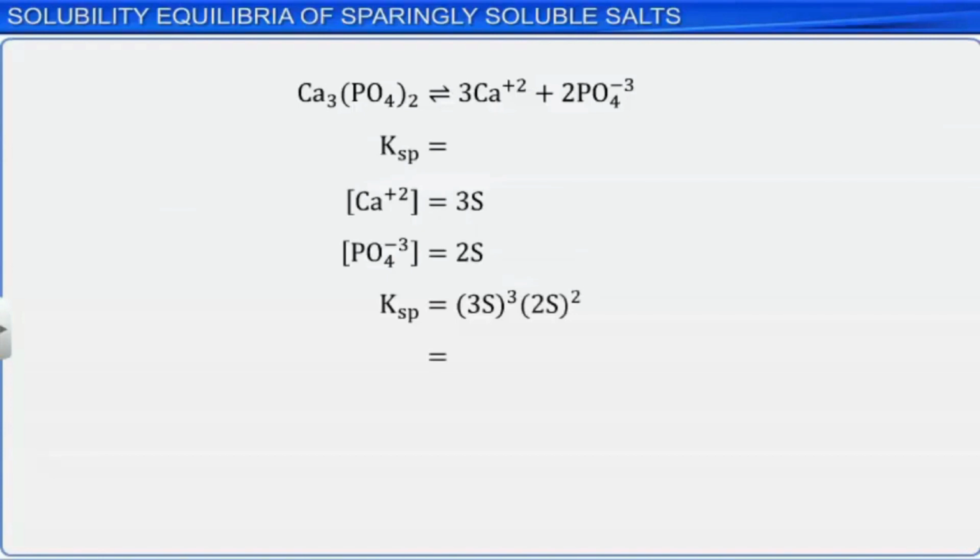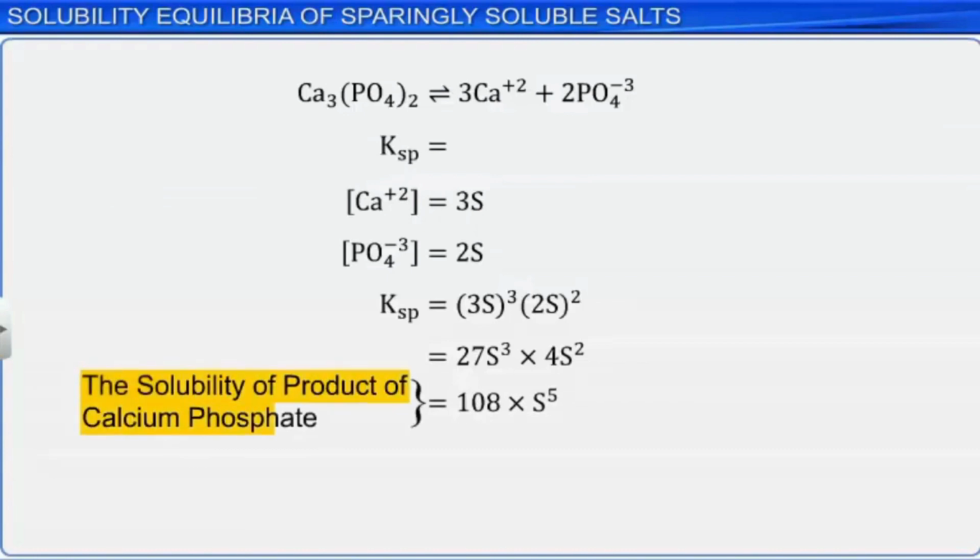This is equal to 27S cube multiplied by 4S square. The product of this is equal to 108 multiplied by S raised to the power of 5. Thus, the solubility product of calcium phosphate is equal to 108 multiplied by S raised to the power of 5.